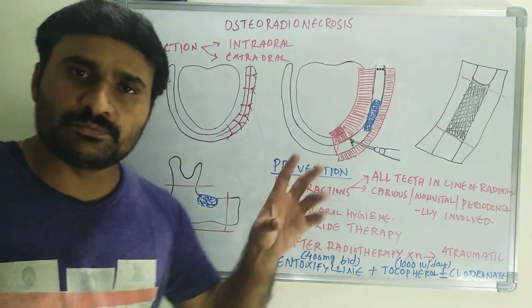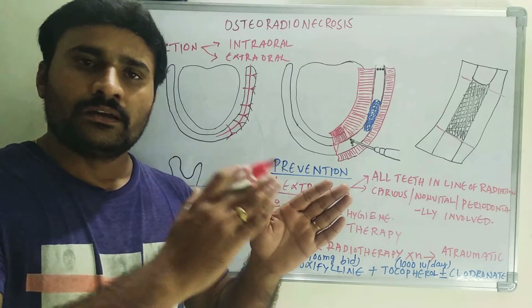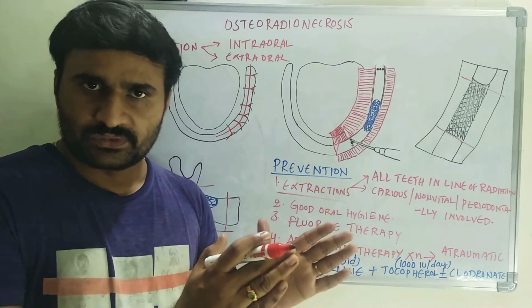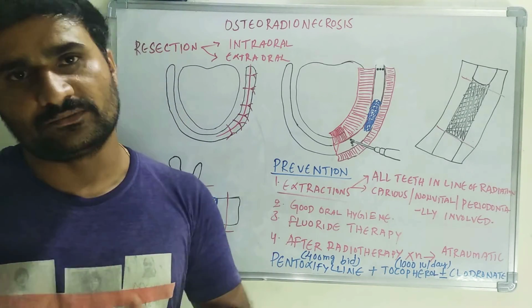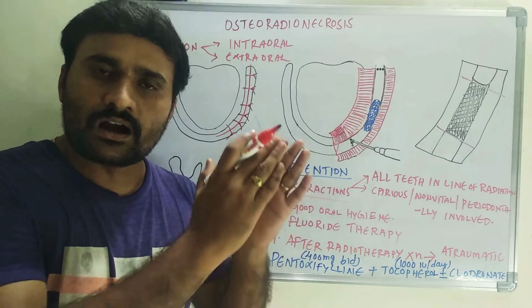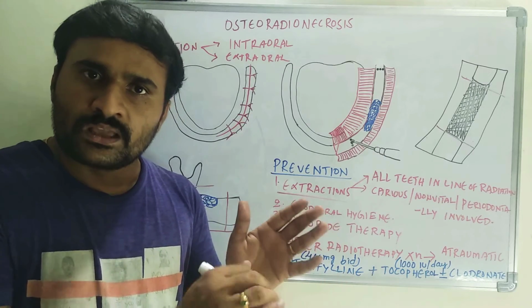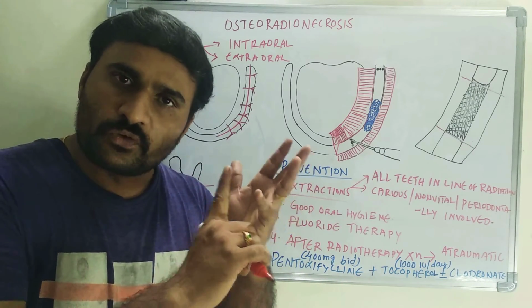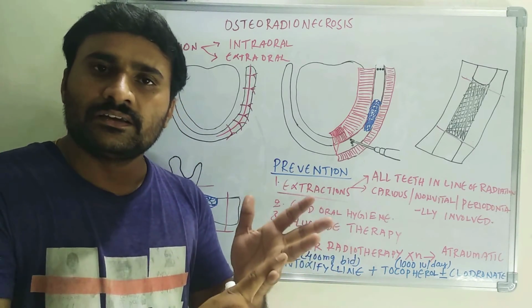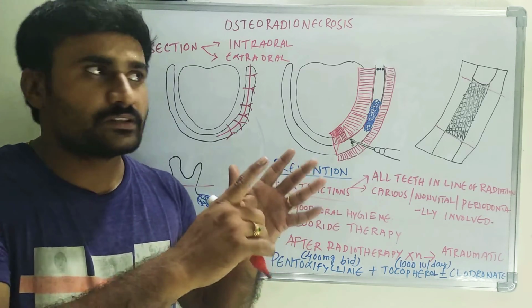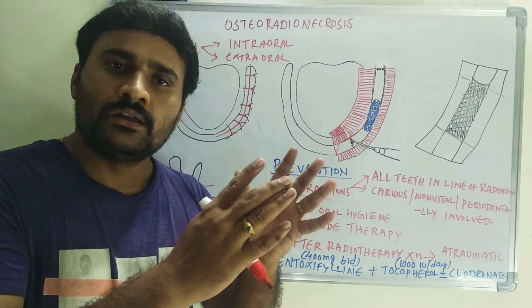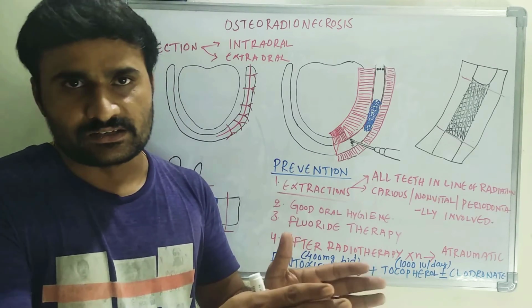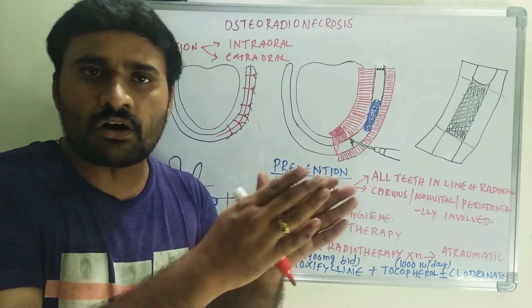This therapy is based on the recent etiopathogenesis theory, that is the radiation-induced fibroatrophic theory. According to that theory, radiation-induced fibrosis and the changes in osteoradionecrosis are due to the effects of free radicals, that is oxidants.